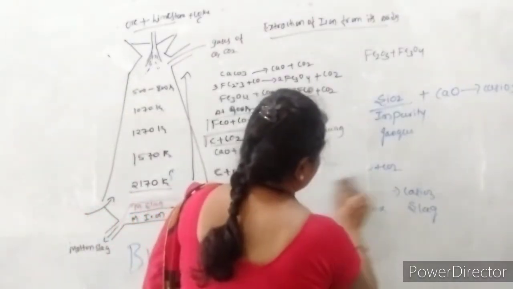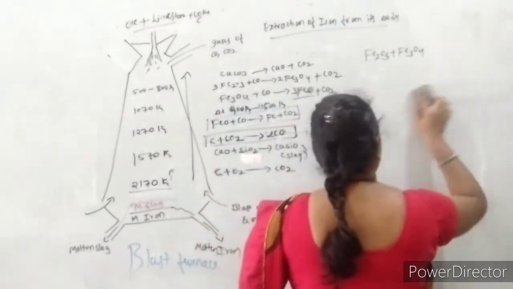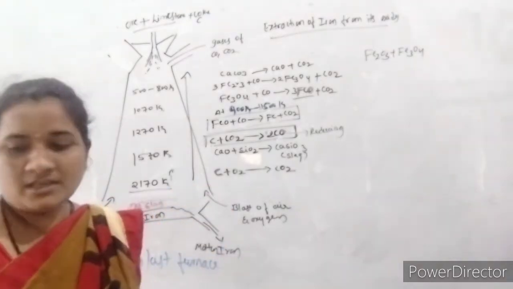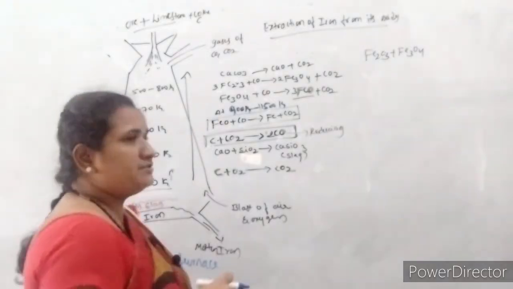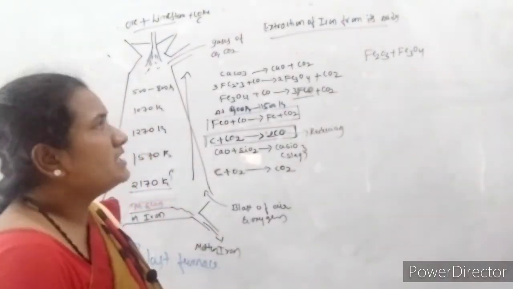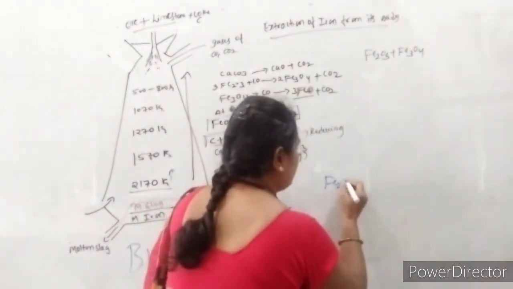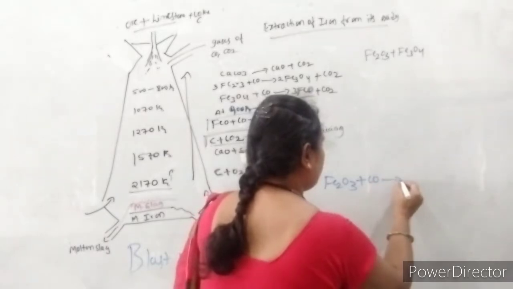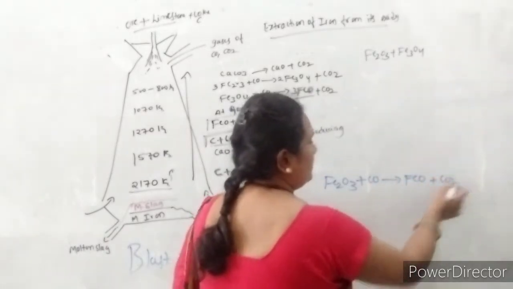Next, we can use either carbon or carbon monoxide, because in this furnace we have both carbon as well as carbon monoxide. So which kind of reducing agent is feasible for the reduction of iron oxide? When the hematite ore, Fe2O3, is mixed with carbon monoxide, we get the formation of iron with the liberation of carbon dioxide.